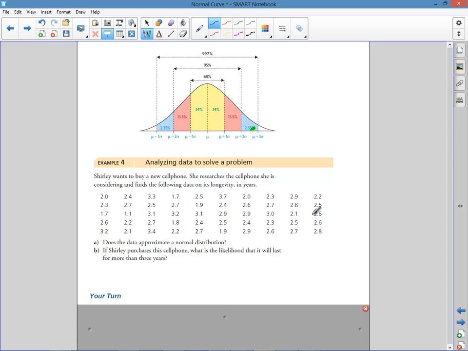And what we know here, if we analyze those results, I'm not going to take time to do it right now. We can use Excel or another piece of technology or website as I've shown you in class, and you would find that the mean is 2.526, standard deviation 0.482, and the median is 2.55.